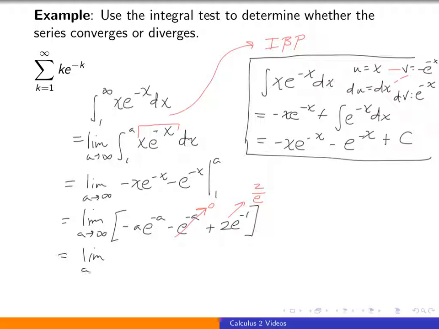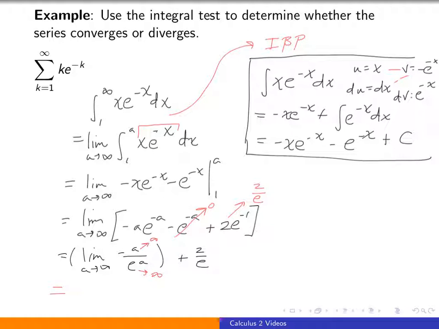So this is the limit as a goes to infinity, minus a over e to the a, and then we're going to have plus the 2 over e. And note, if we look at this first limit, as a goes to infinity, so does e to the a. So what we can do is apply L'Hopital's rule.